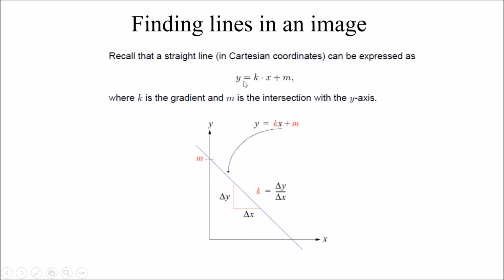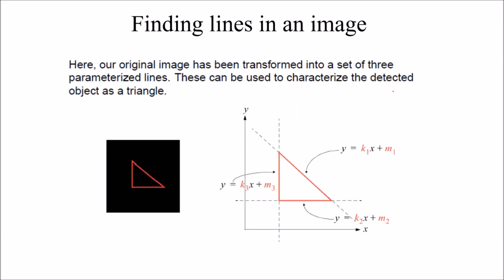In this case, we will use a slightly different notation for the equation of a line: y equal to kx plus m, in which k is the gradient and m is the intercept on the y-axis. Almost the same as the previous one, only we change the variable name.